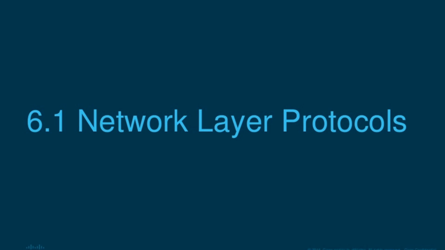So for encapsulating IP, at the network layer, IP encapsulates the transport layer segment by adding an IP header for the purpose of delivery to the destination host. The IP header stays the same from the source to the destination host.